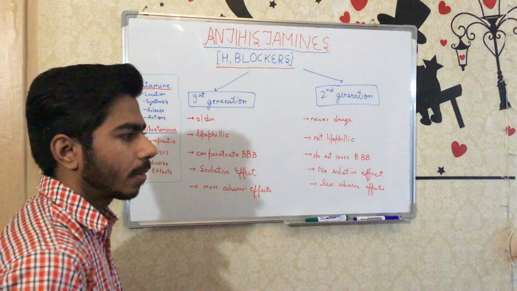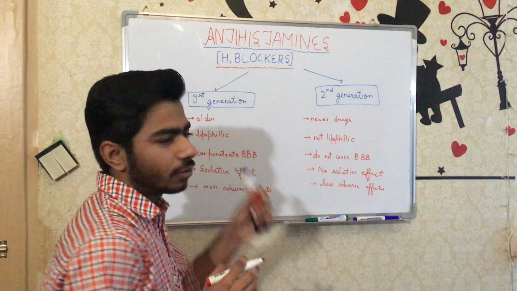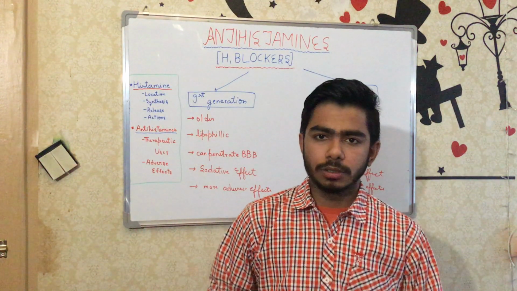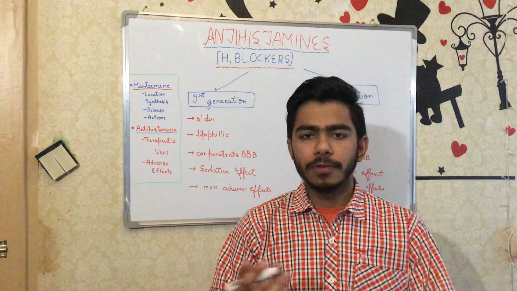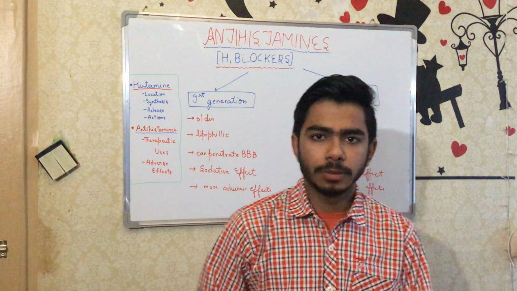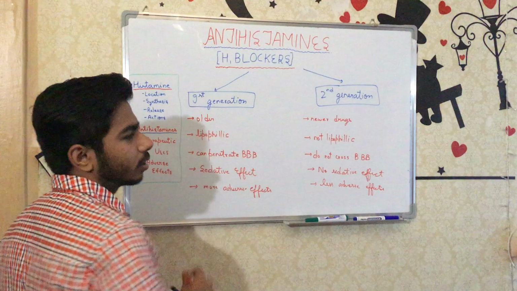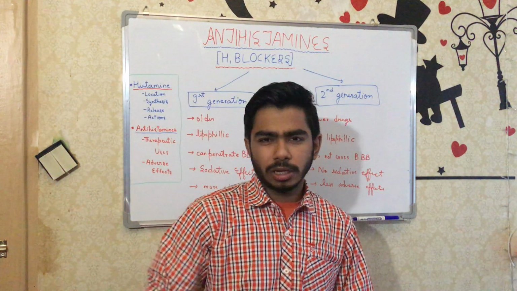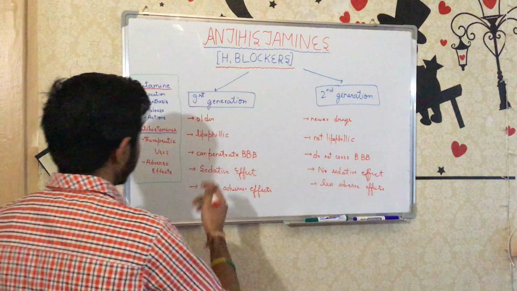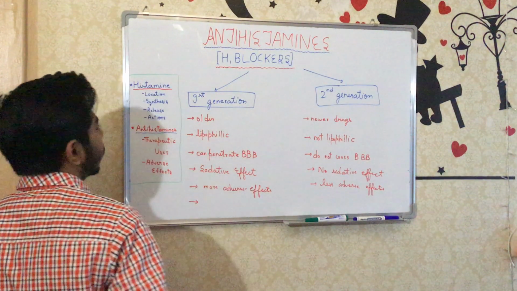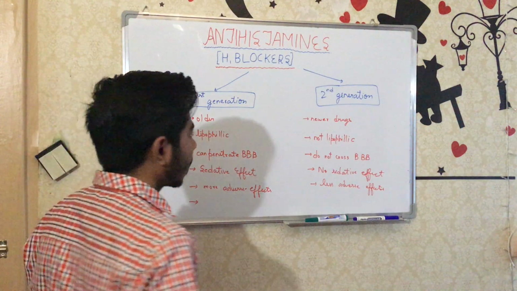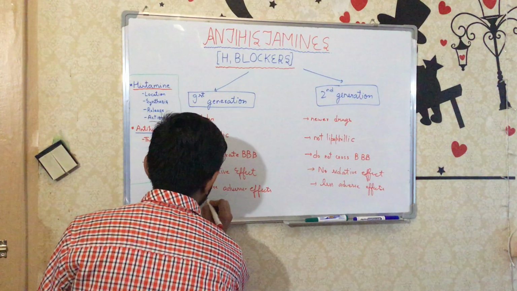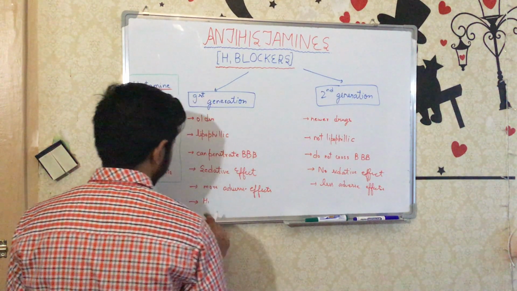Now, first generation drugs, as I'm talking about the H1 blockers, also block other receptors, for example cholinergic receptors, alpha adrenergic receptors, or serotonin receptors. So we have the complaint about the first generation drugs that they can bind to other receptors and cause various kinds of side effects. That's why we don't prefer first generation drugs over the second generation.